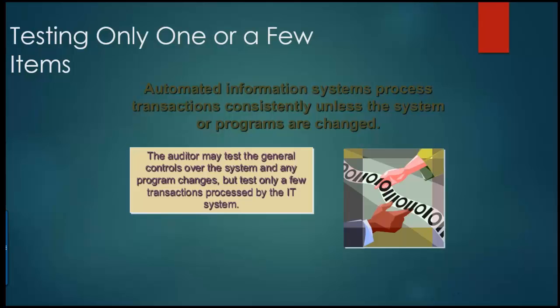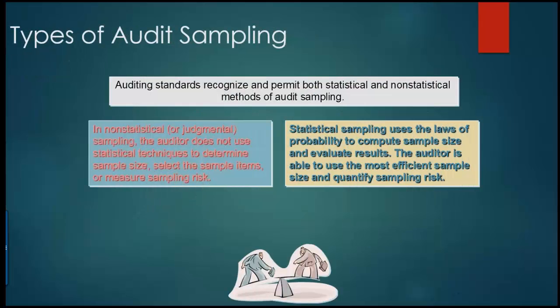So what we're saying here is that it's very possible that a sampling technique may not be appropriate when we're actually looking at how an IT system is processing things. We need to understand the controls. We need to do enough testing to understand if in fact the processing is done correctly. And if it's done correctly, then we're good. If it's not done correctly, then we're going to have to do something about it, okay?